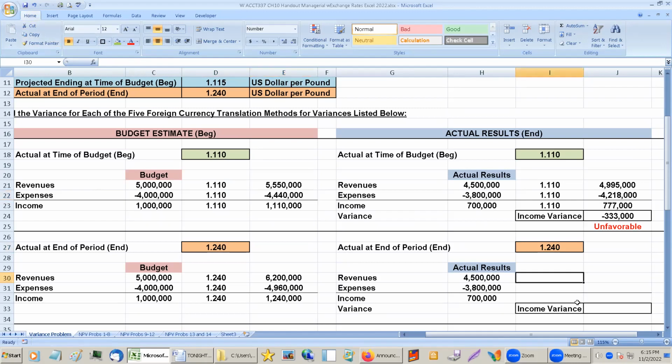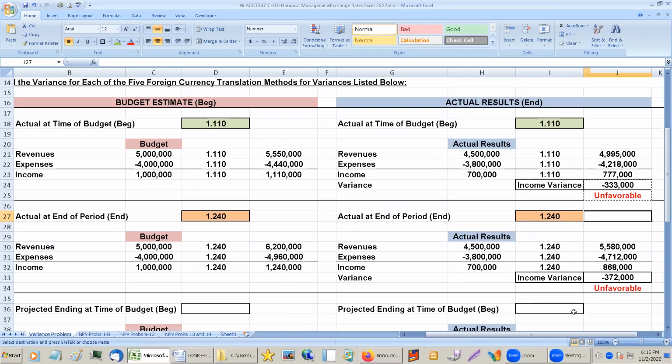Copy it here too. You can kind of see this is even more unfavorable. You knew that was going to happen because it's amplified by being more dollars worth. Anything that's unfavorable is going to be off by more dollars.